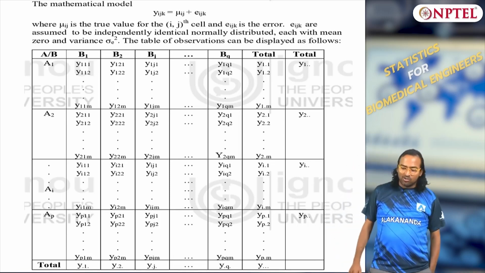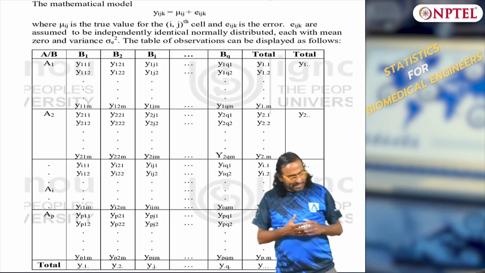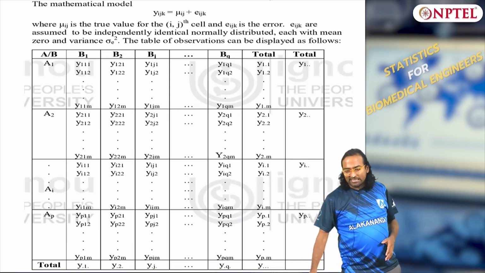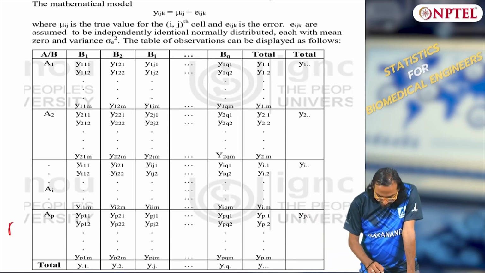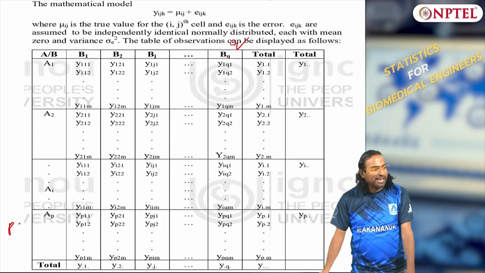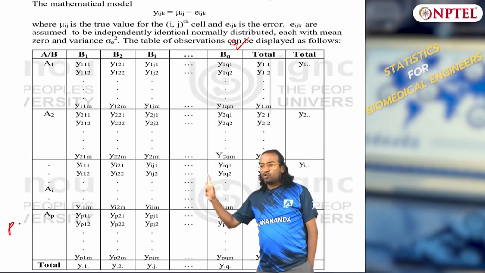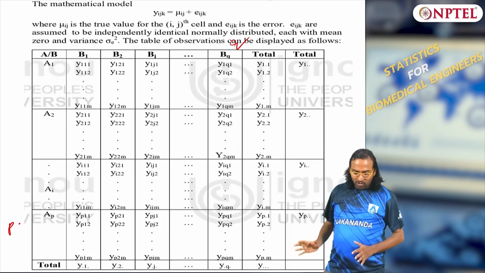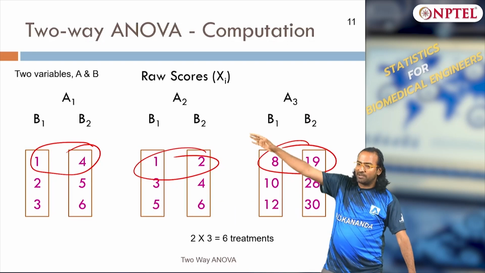So before we get into the detailed derivation, let us understand there are 2 factors and multiple levels. This is the general table: factor A at P levels and factor B at Q levels. We are generalizing now, and this is how the table looks like. As I said, we are going to talk about replications.